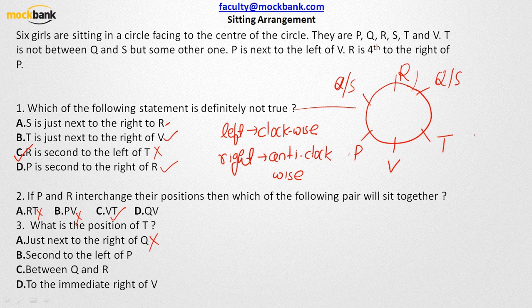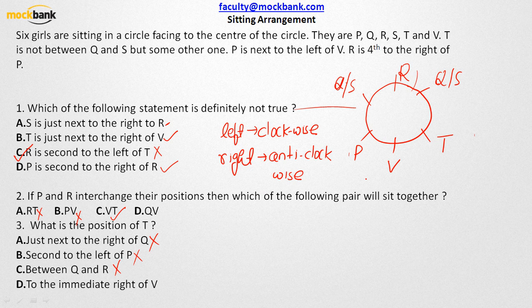Second to the left of P. So T second to the left of P. If you need to find out left direction, one has to go in the clockwise direction. So R is second to the left of P, but T is second to the right of P, hence this also is gone. Between Q and R, that is not true, you understand this.